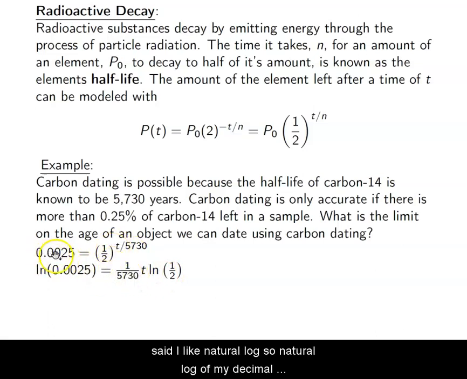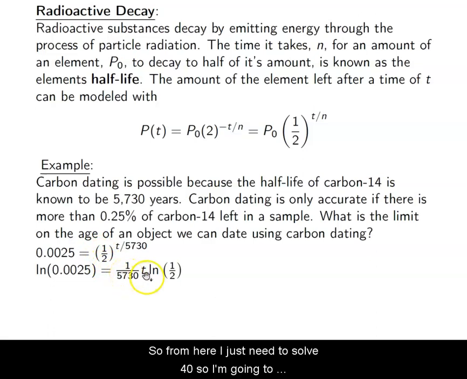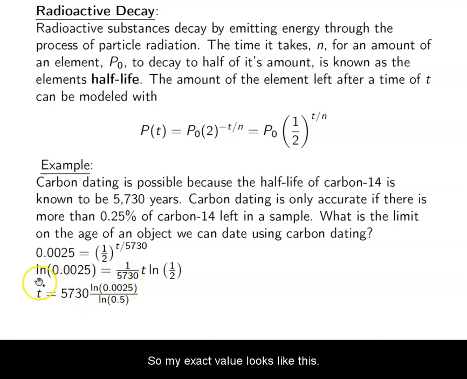So the natural log of my decimal value on my left side, and the natural log of 1/2. The exponent pulls out to the outside as a multiplier. From here, I just need to solve for t. I'm going to divide both sides by the natural log of 1/2 and multiply both sides by 5730. So my exact value looks like this.